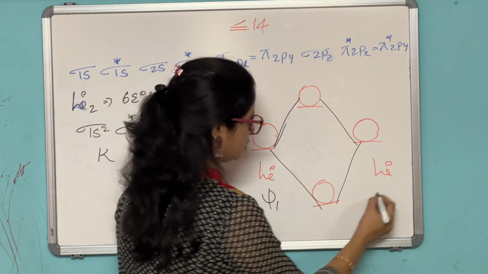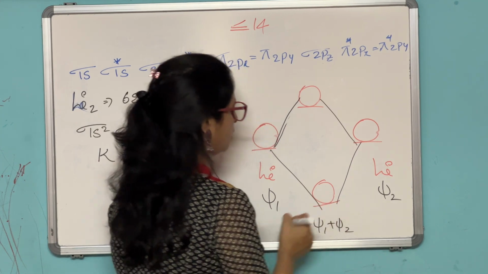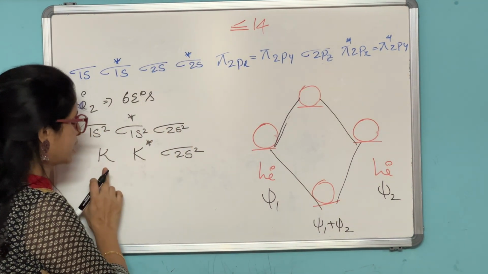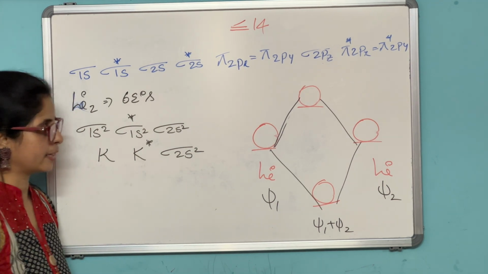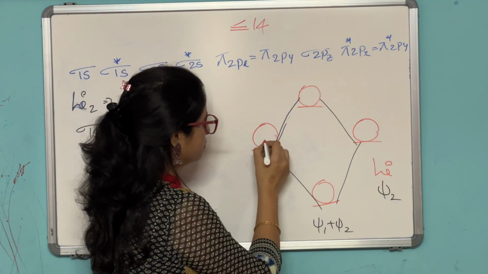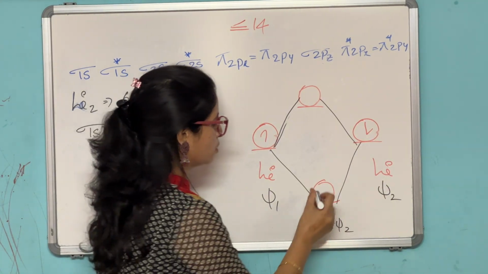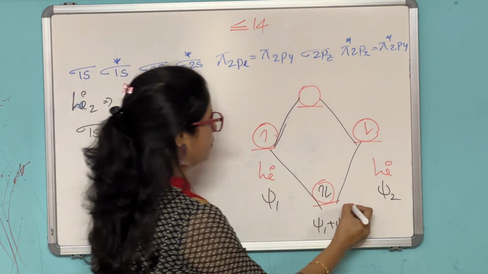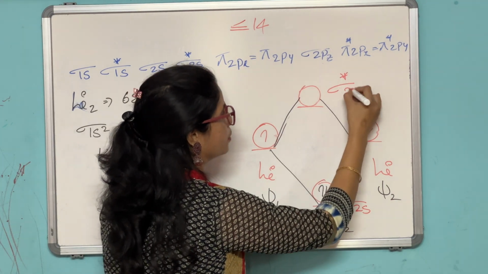These are psi 1 and psi 2; if they are added up, we get a bonding orbital, 2s2. So K K star can be omitted while representing the energy level diagram. Here Li2 means 2s2, one electron here, one electron here. So 1, 2. This is sigma 2s and this is sigma star 2s.